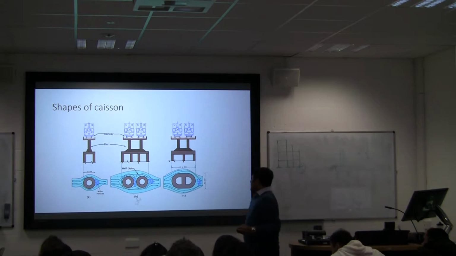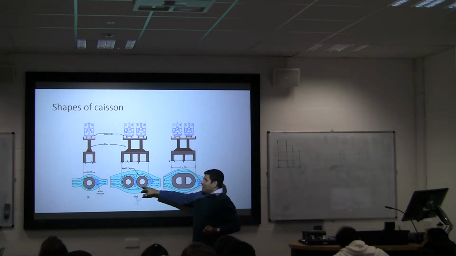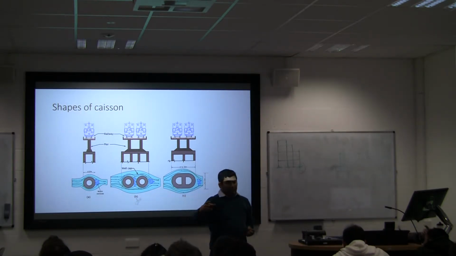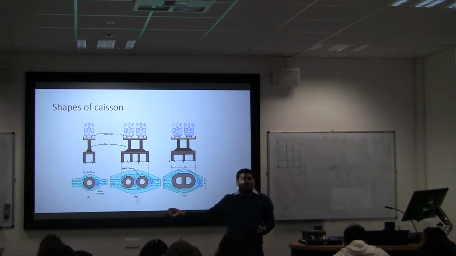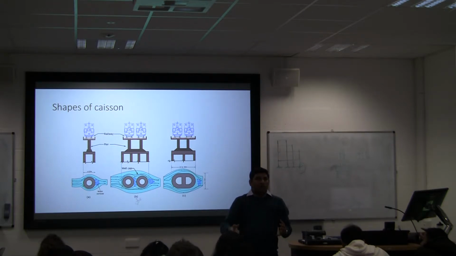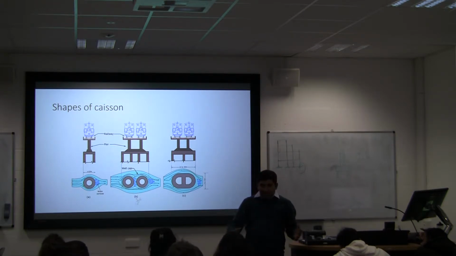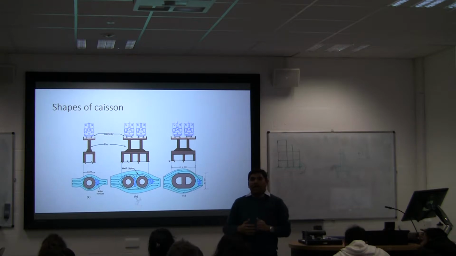So in this case, you may have a lower cost to install because of less concrete, but you will have perpetual operational and maintenance costs to keep it in action.